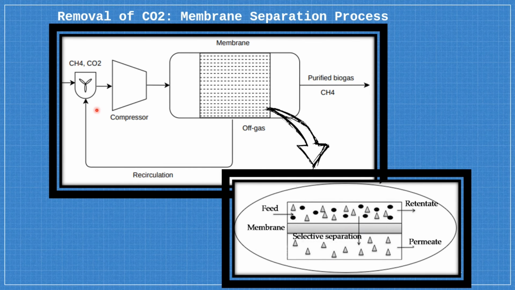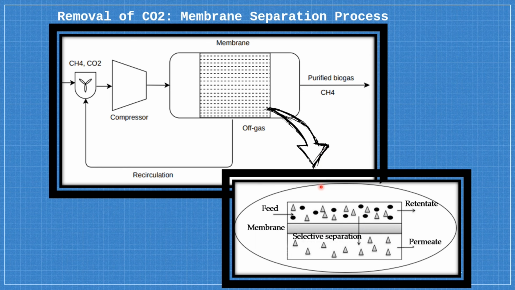The final separation technique is the membrane separation process to remove carbon dioxide. From the adsorption units, biogas containing methane and carbon dioxide will enter the membrane. In the membrane, since the membrane material type chosen is 6-FDA-HAB polyimide, the selectivity of carbon dioxide over methane is high.